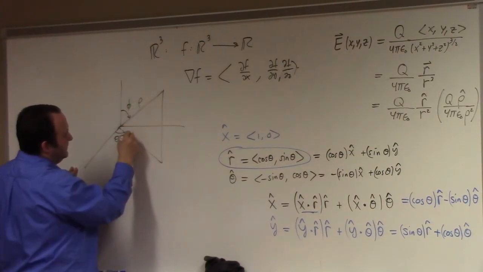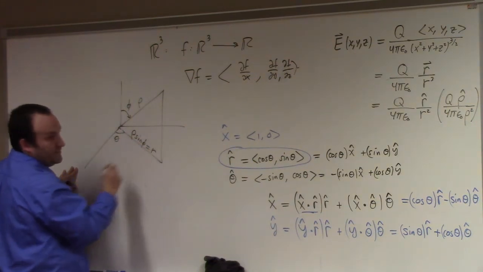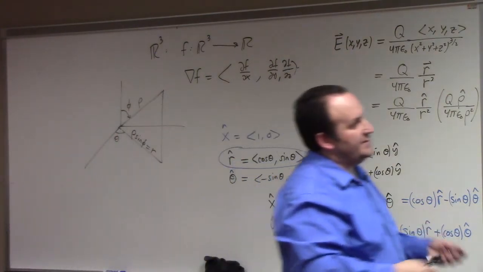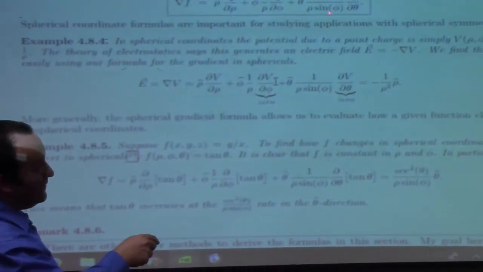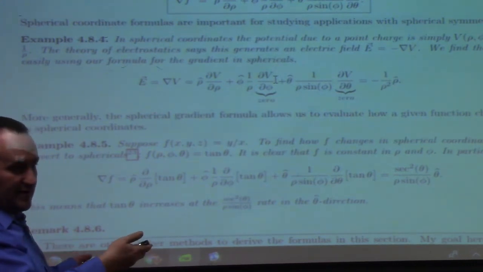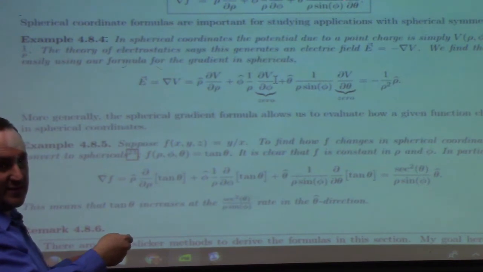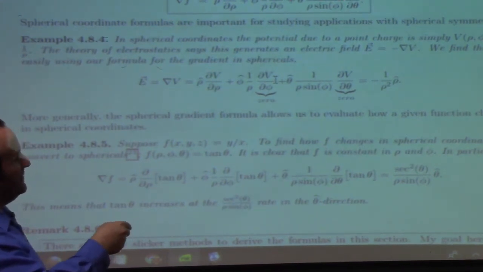This is rho sine phi. It's also r. So this is not surprising that the piece of the gradient corresponding to theta is 1 over r partial f partial theta. It's just that now I've written it in spherical coordinates, so the r becomes rho sine phi. Now this over here is weird and new, but there it is.